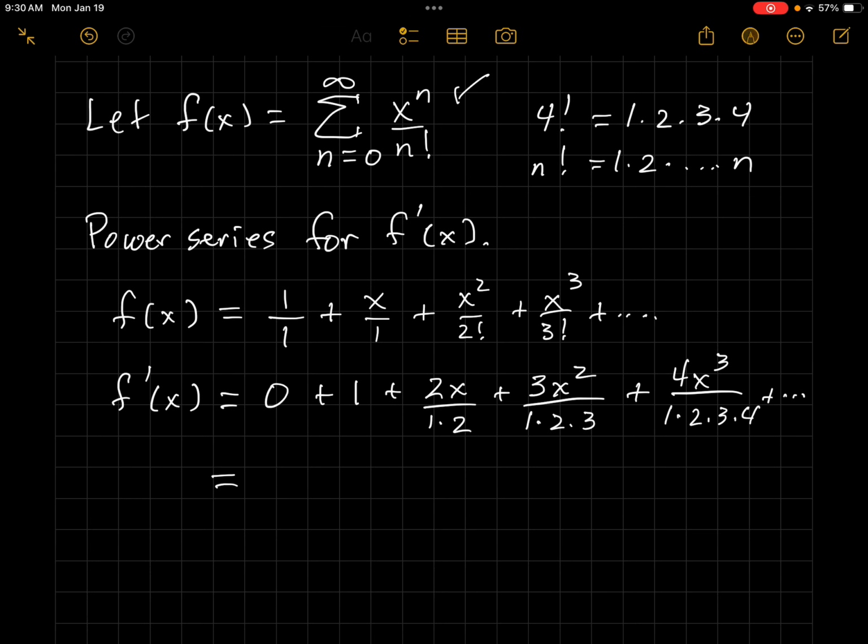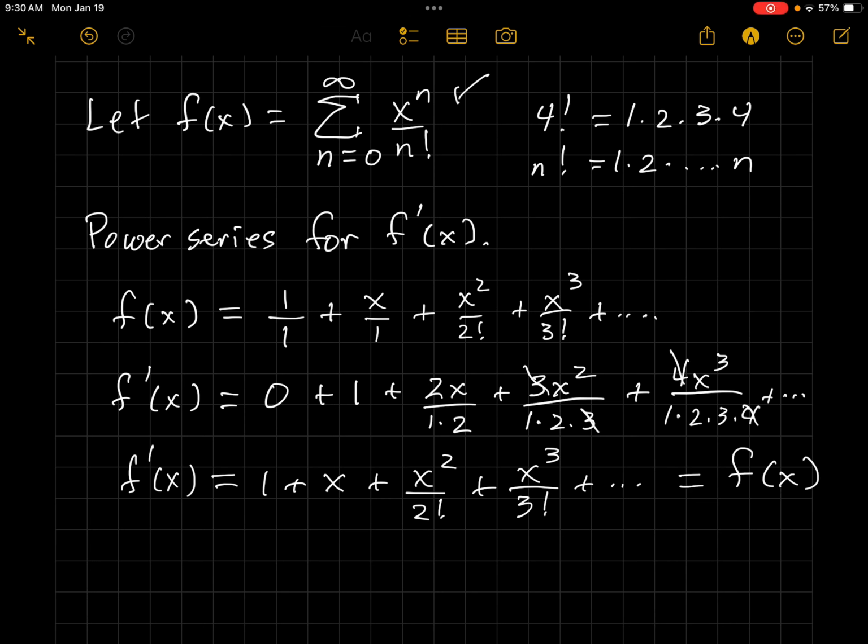And look what happens when I simplify. I get that f prime of x equals 1 plus x squared over 1 times 2 plus x cubed over 1 times 2 times 3, etc. Now we'll talk about this result later on, but for now I just want to practice the notation.